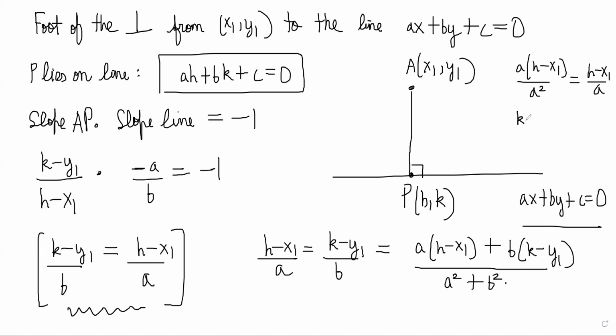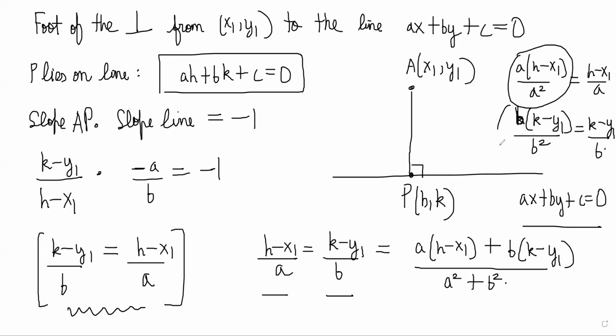And we also know that b times k minus y1 by b squared is the same as k minus y1 by b. And when these ratios are equal, we can add the numerators and the denominators. I'm using the property that if x by y is equal to p by q, then x plus p by y plus q is also in the same ratio.